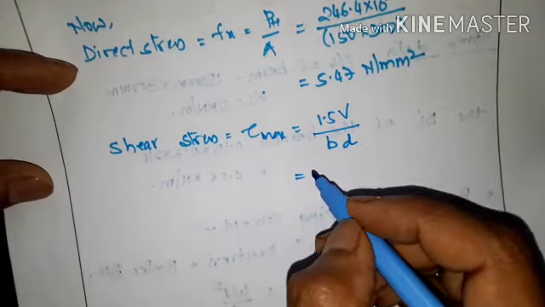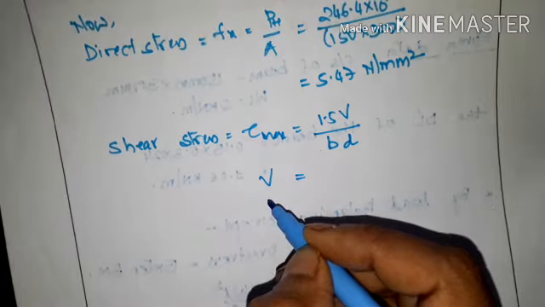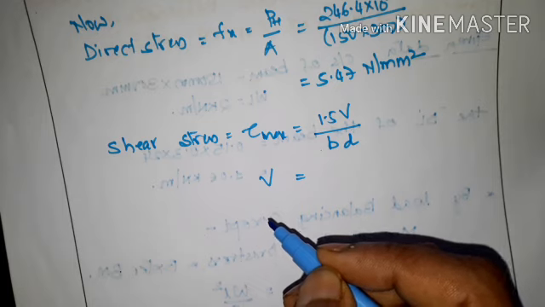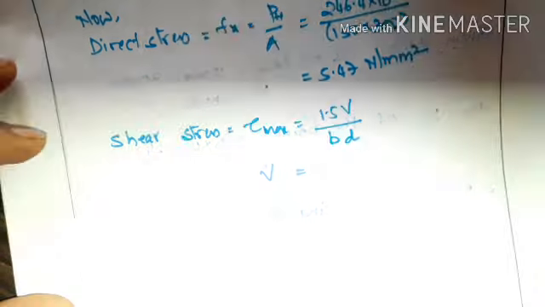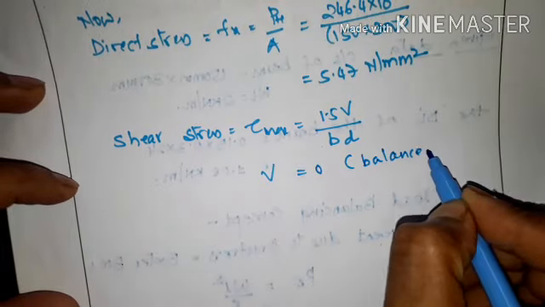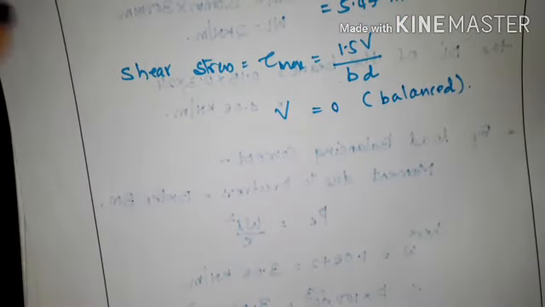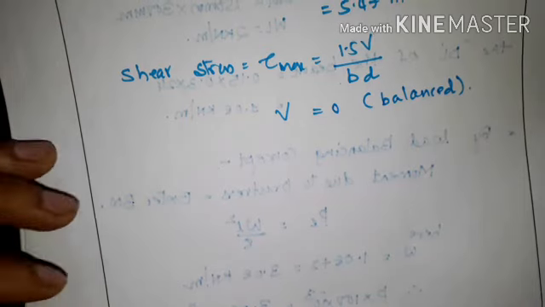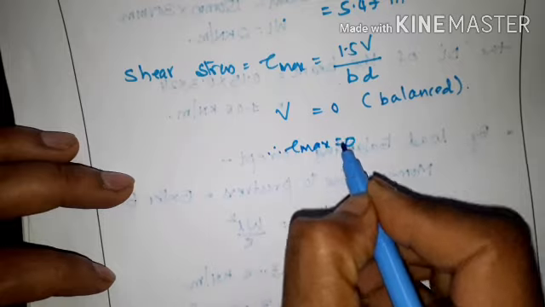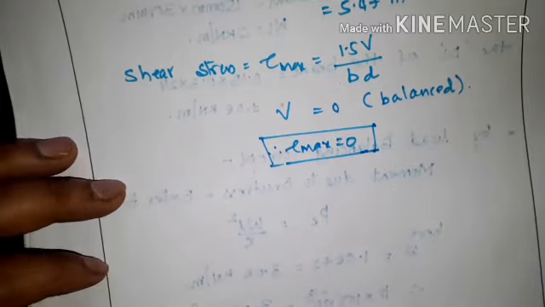V here is equal to 0 because it is balanced. We have balanced by calculating the pre-stressing force as 246.4 kN. Therefore tau max is equal to 0.